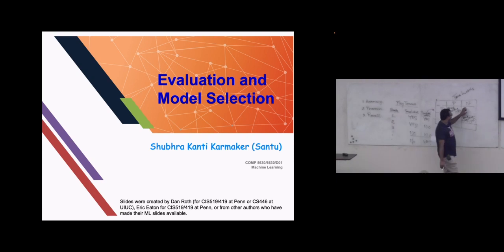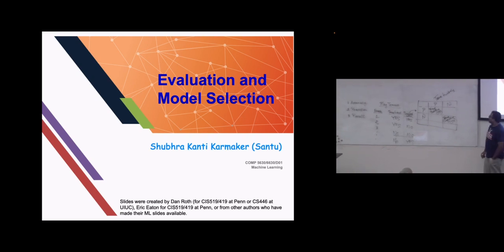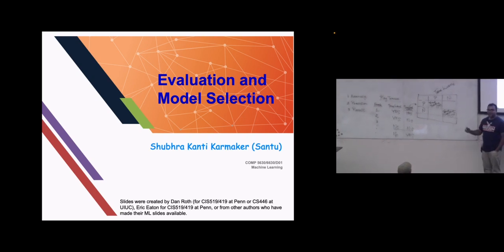What is this cell? False positive. Yeah, so it's easy to get confused. The definition is in terms of what you are predicting. What is the label we are predicting here? Positive. What is the actual label? Negative. So because we are making a false positive prediction, it's the false positive, okay?